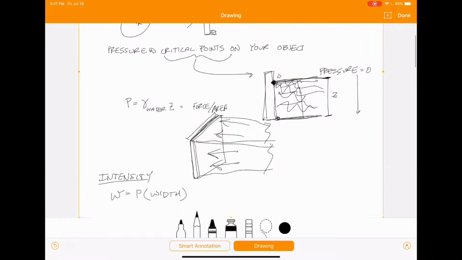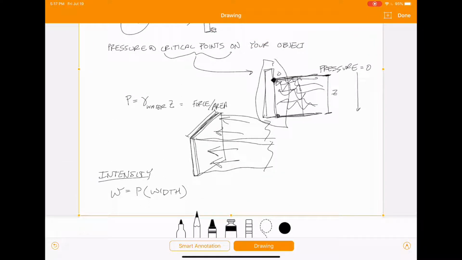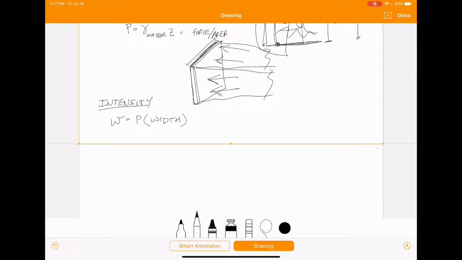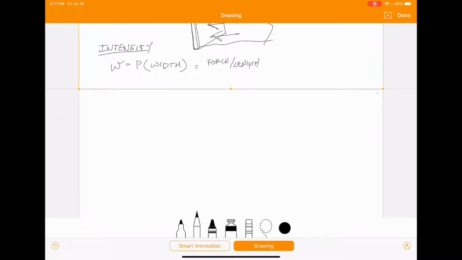So if we're looking at this one up here, it's going to be that length into the page that that gate is going. So this is going to be your width. And that will give you your intensity function, which, like I said, is going to be a force per length, which is just a distributed load.